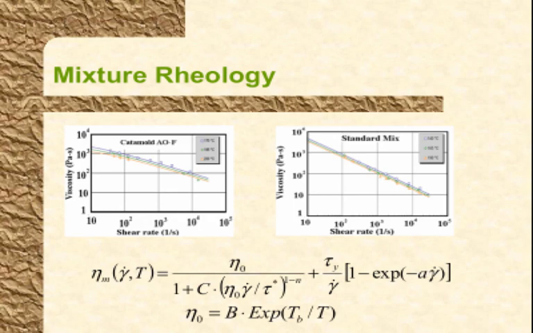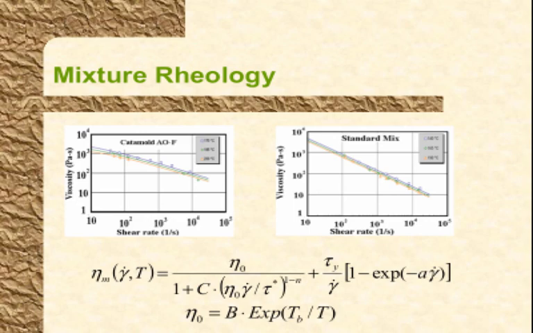Orange is the lowest, blue is the highest. The temperature sensitivity of viscosity is a little bit lower for these systems, but overall, you get an idea. So how does viscosity change as a function of shear rate and temperature? That's the question.